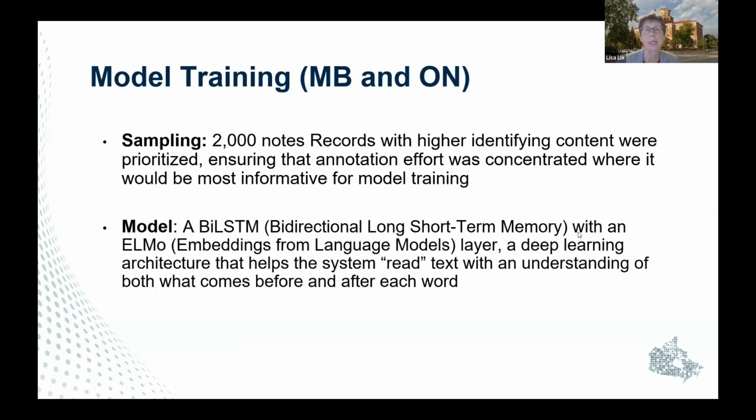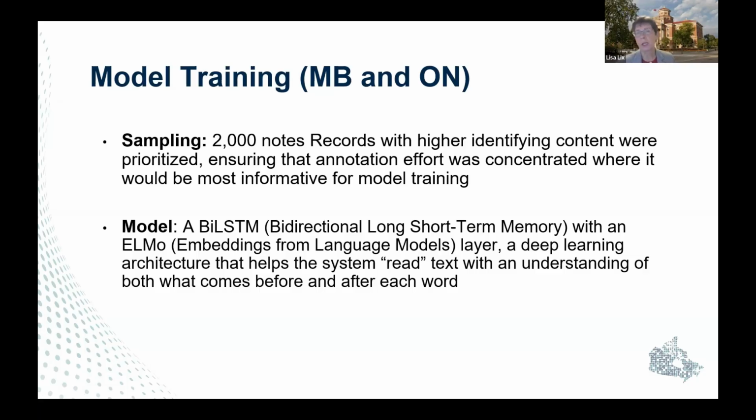So this is an AI model that has a deep learning architecture as well. And what's advantageous here is that it really helps us understand what kind of tag or identifier we might have by looking at the context. So it's not just about looking at the individual word, but around the context, and that's helpful in terms of producing something that's more accurate.